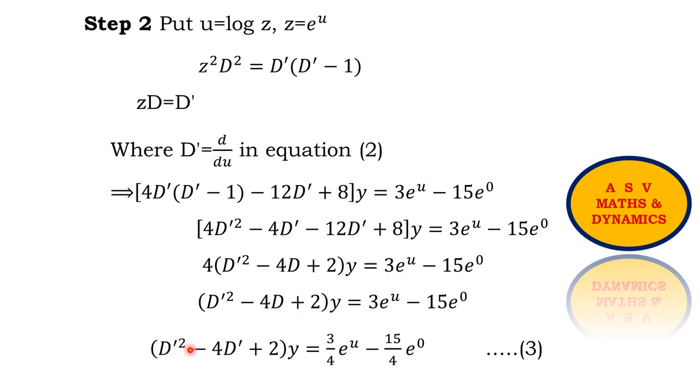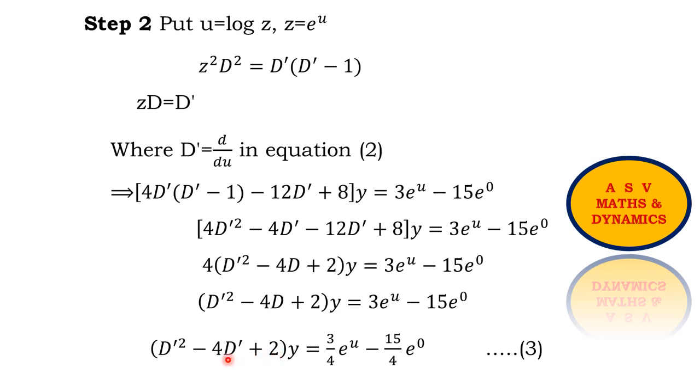So d dash squared minus 4 d dash plus 2, this equation y equals 3 over 4 e power u minus 15 over 4 e power 0. Now you see this is a single variable equation, that means d dash related. So you can make the auxiliary equation for the left hand side. You know, in the last video I uploaded the second order differential equation problem.